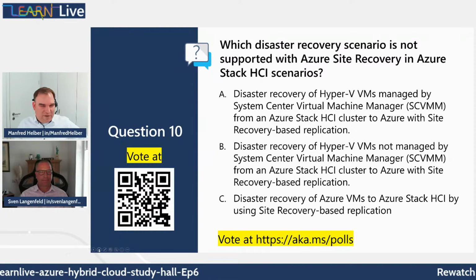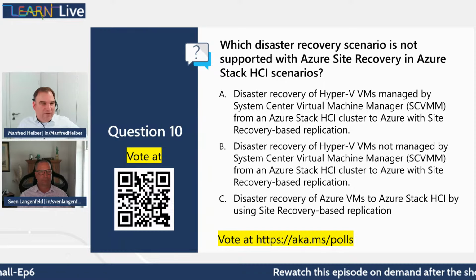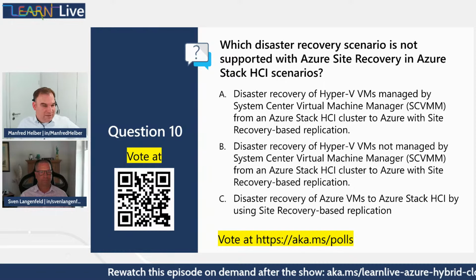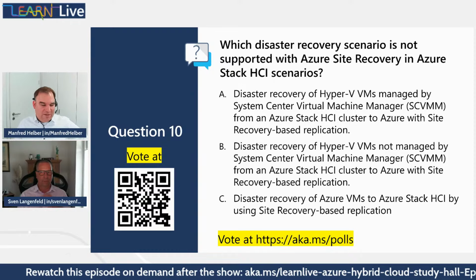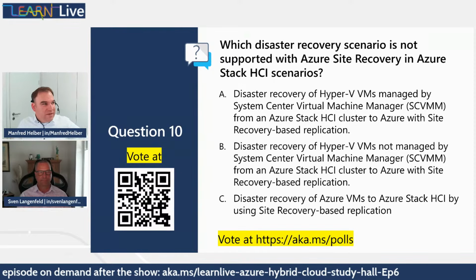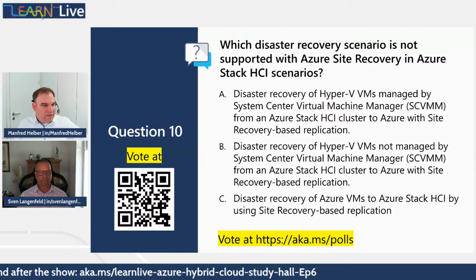I think important is to understand that Azure Site Recovery can be configured in the Windows Admin Center. So the Windows Admin Center is our tool for doing it. We are not required to install a System Center Virtual Machine Manager.